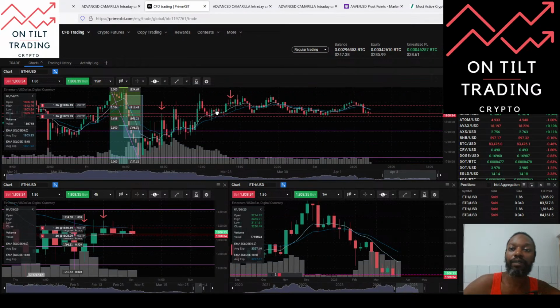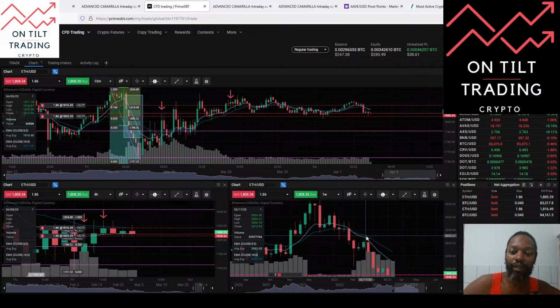Okay, next up there's Ethereum. So Ethereum, similar situation here. We've got the EMAs crossing over here, and we've got the 18 above the 9 on the EMAs.